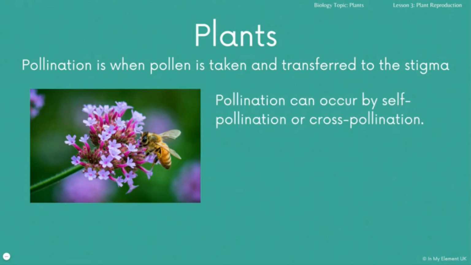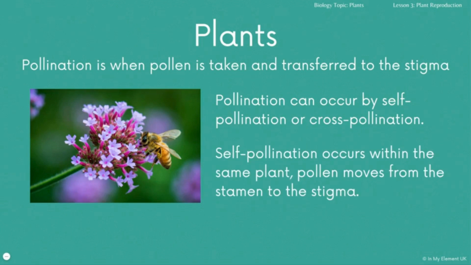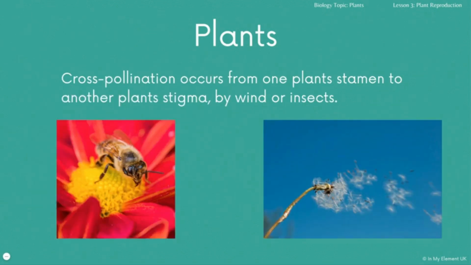It can happen by self-pollination, so by the plant within itself, or by cross-pollination. If we take a little look at cross-pollination, you've got 2 examples there. Cross-pollination will occur from one plant's stamen to another plant's stigma, and that happens either by insects, as demonstrated here, or by wind.